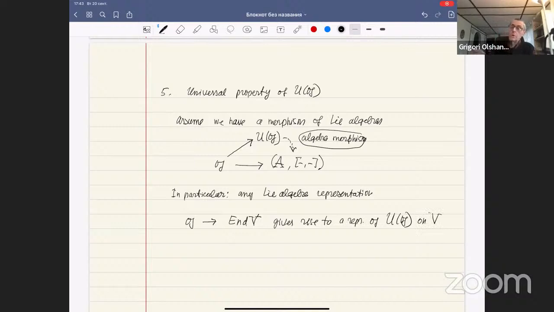If you have a representation of an associative algebra, it gives us a representation of a Lie algebra.